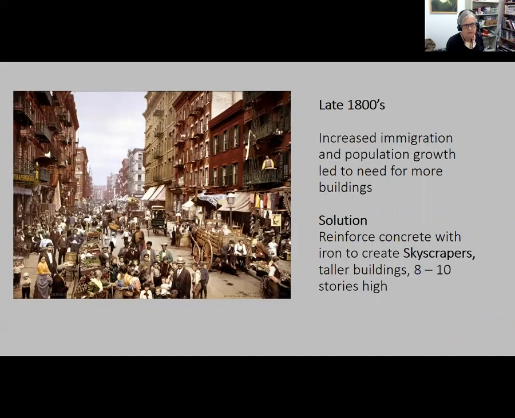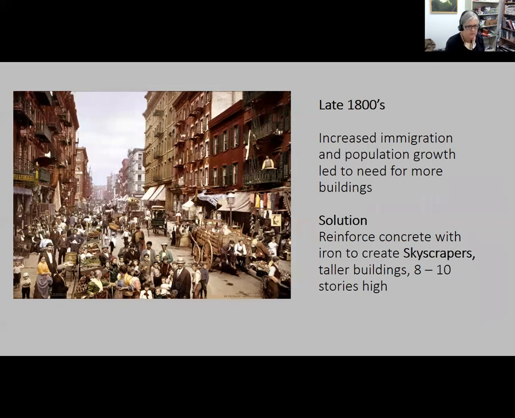In the late 1800s in the United States, and we're going to talk about Chicago here but it happened in New York and other places, there was an incredible increase in immigration and population growth. There's a couple of things going on.